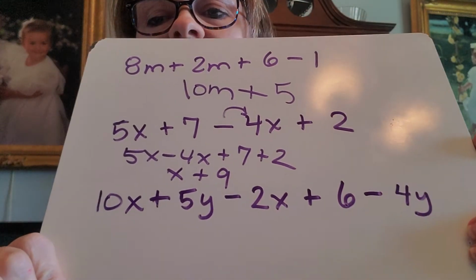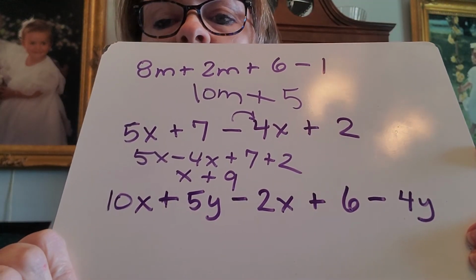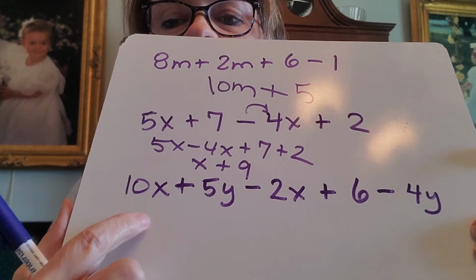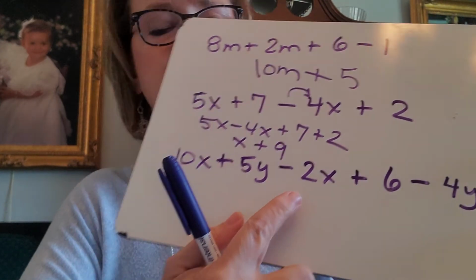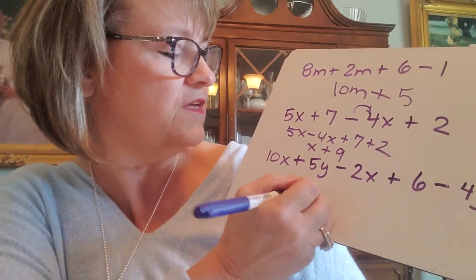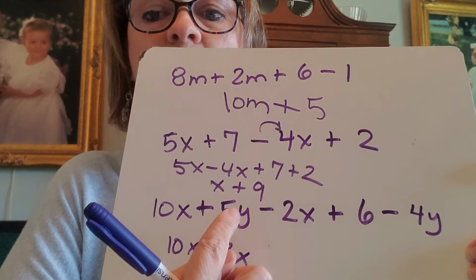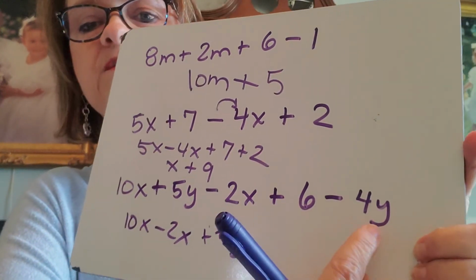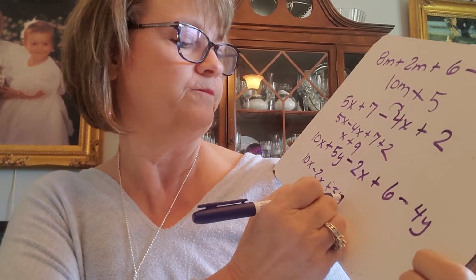All right, the next one, I added all kinds of numbers. We're going to be very careful that we put the right things together. So this is a 10x and a subtract 2x. This is a 5y and a subtract 4y.